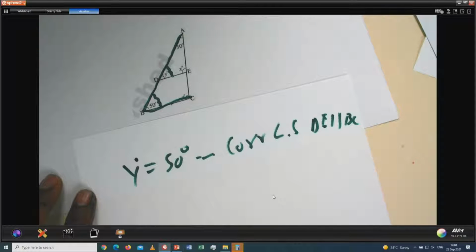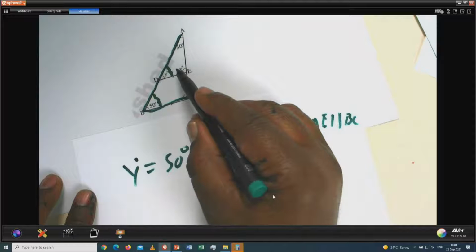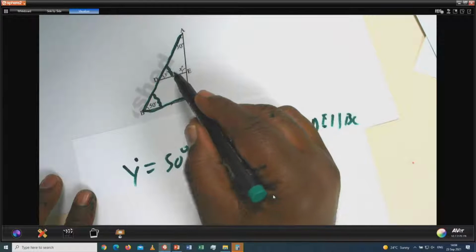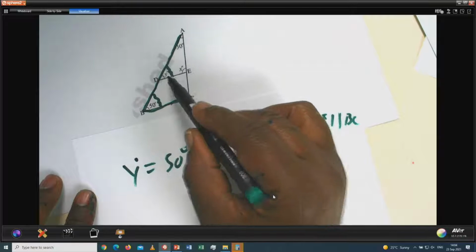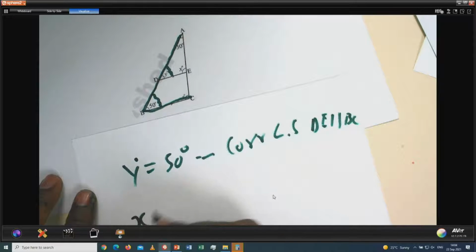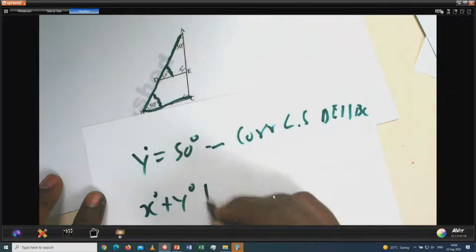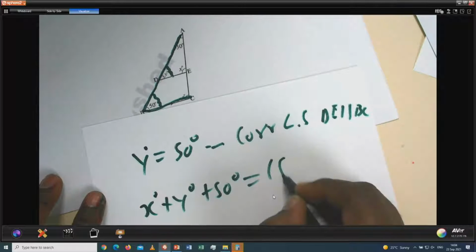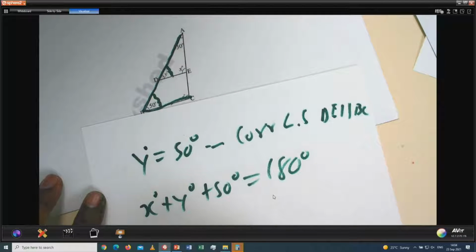Now you can say your x here. Right? Sum of angles of a triangle. Therefore, x plus angle y plus 30 equals 180. What is the reason? Sum of angles of a triangle.